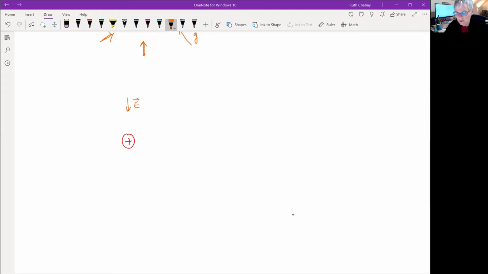We use the symbol capital E with an arrow over it. And I drew it wrong. So a positive charge is going to make an electric field that points away from it. And so the definition of the direction of electric field is the direction that a positive charge would start to move.